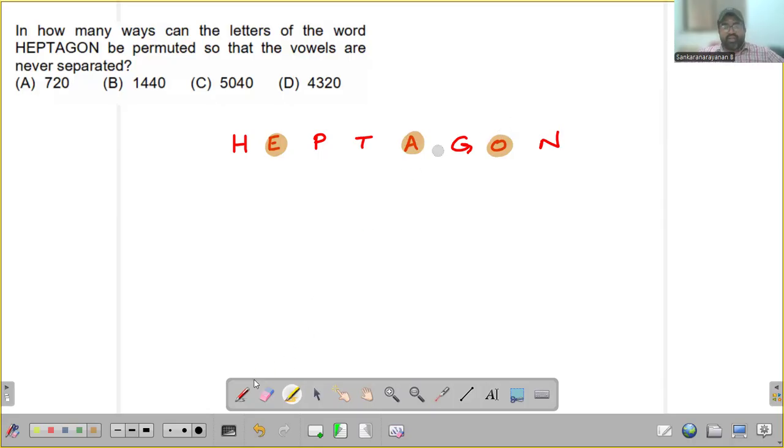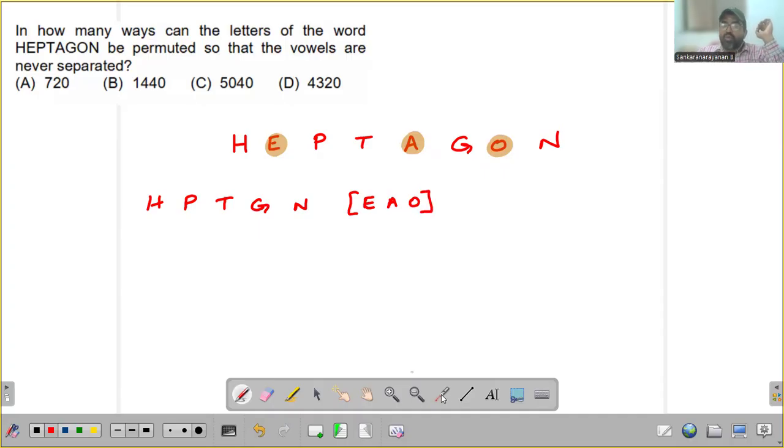There are 3 vowels. Okay, so I am now taking H, P, T, G, N separately, and I am bundling this E, A, O, the 3 vowels together as a single unit.